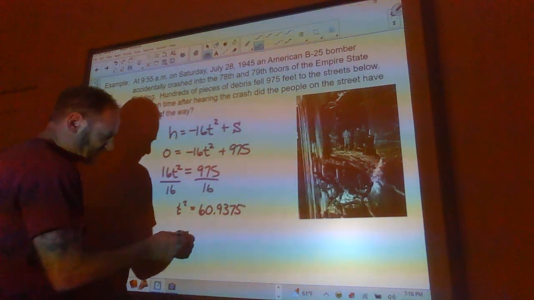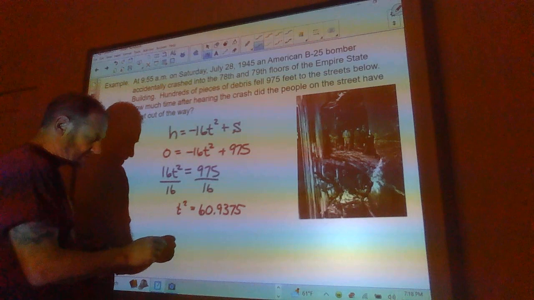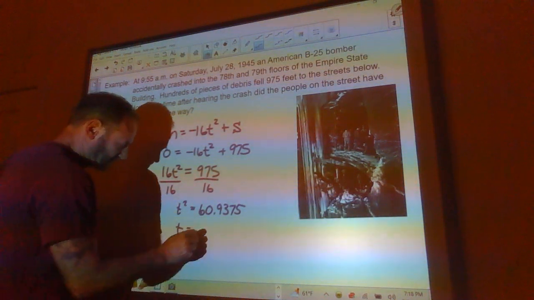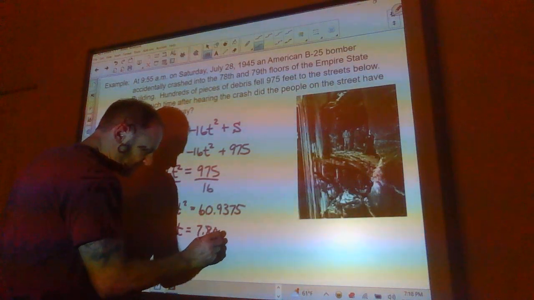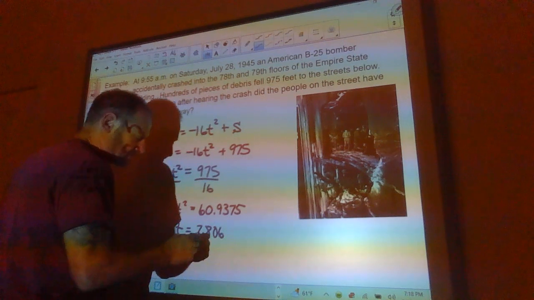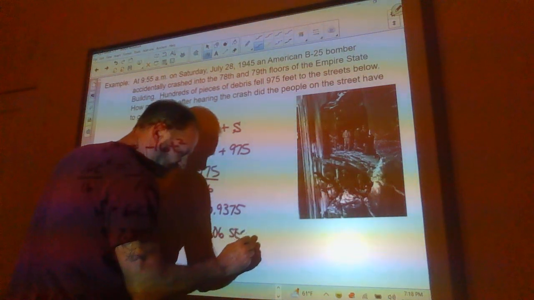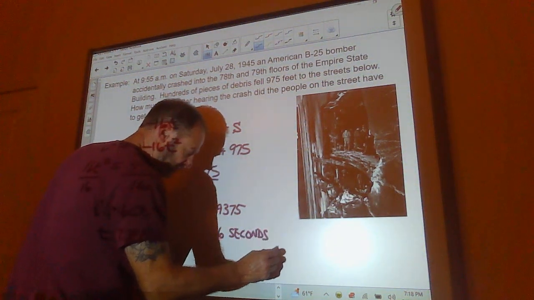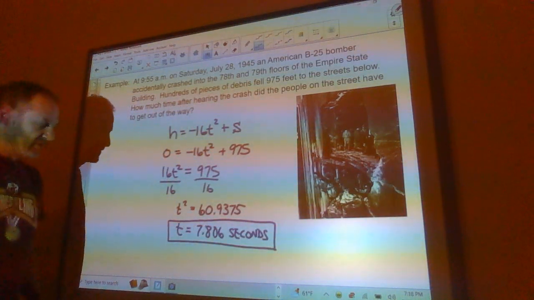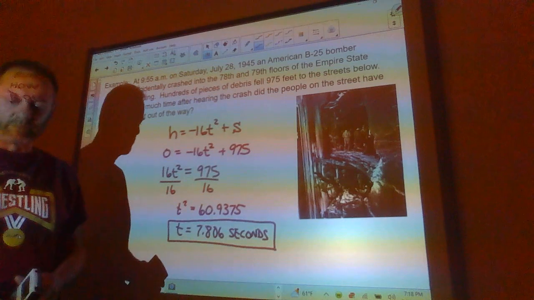Yes, there's two answers to this. t is plus or minus 7.806. But remember that negative time doesn't really make sense, so we're only going to use the positive answer. The negative answer is going to be extraneous. So that's how long things took before they hit the ground.